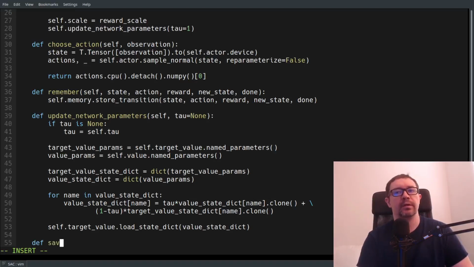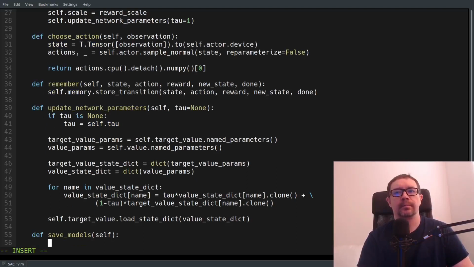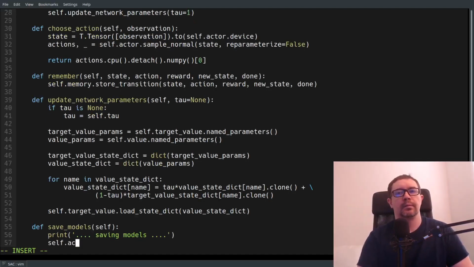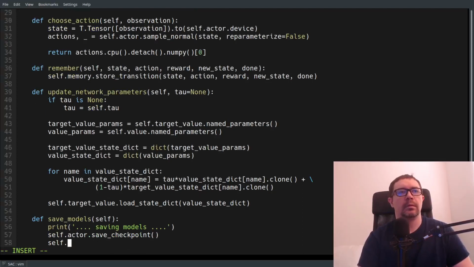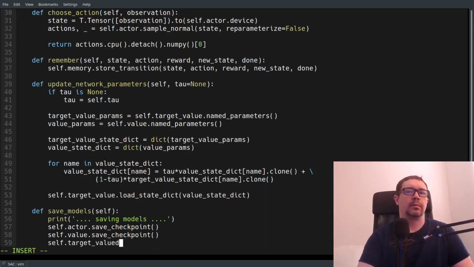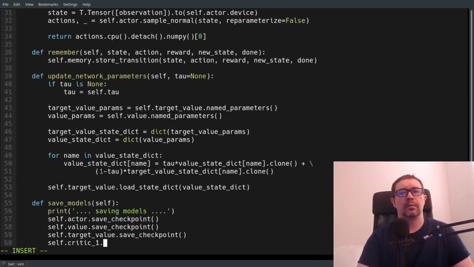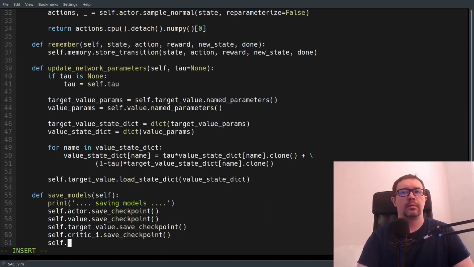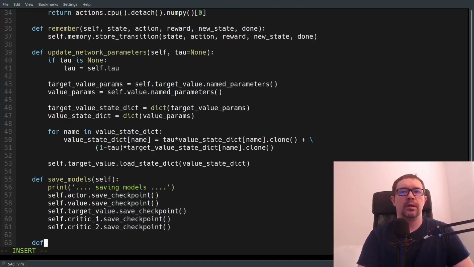So we'll say def save models, value, and then similarly we need a function to load our models.